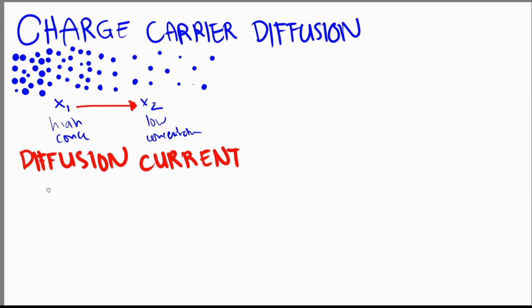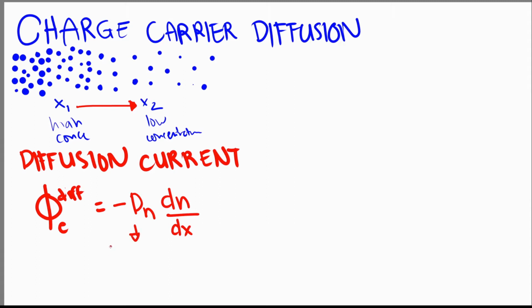from Fick's first law of diffusion, the diffusion flux of our electrons will be equal to, from your kinetics, negative Dn dn over dx, where Dn is your diffusivity, and dn over dx is your concentration gradient.